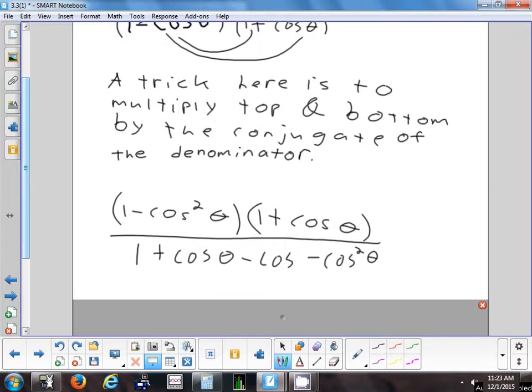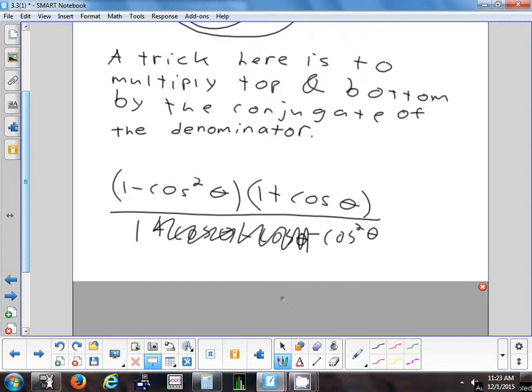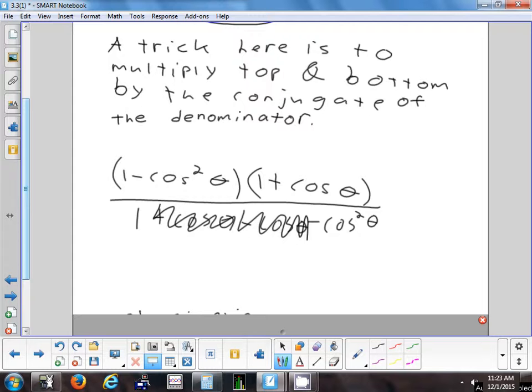Just look at what we have written. Yep, Jake. The 2 cosines in the middle cancel out. Yeah, we have plus cosine, minus cosine. They cancel out. So Jacob, what's left in the bottom? 1 minus cosine squared.